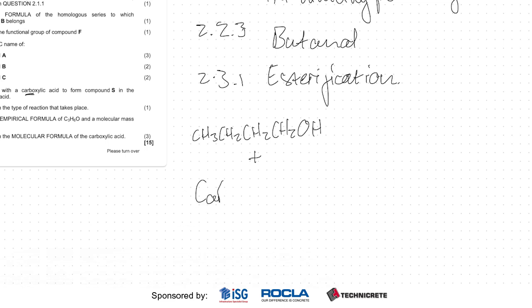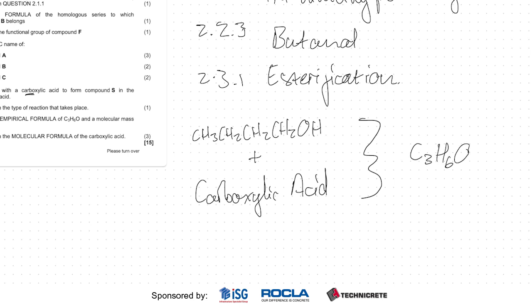Carboxylic acid. And then this is going to give us C3H6O, which we know is an ester. So the ester has the general form, some molecule here, O, and some other carbon chain here.